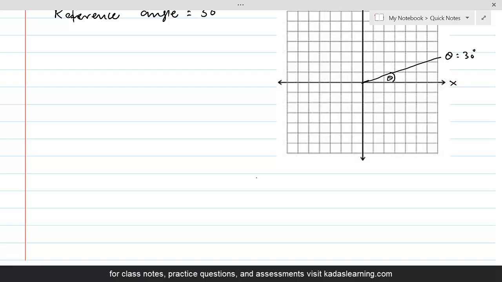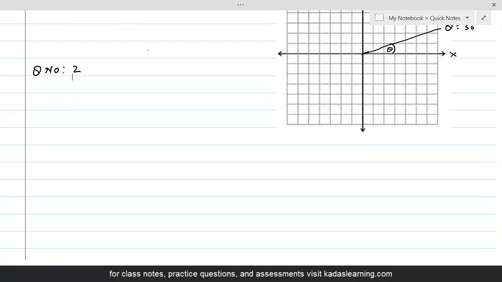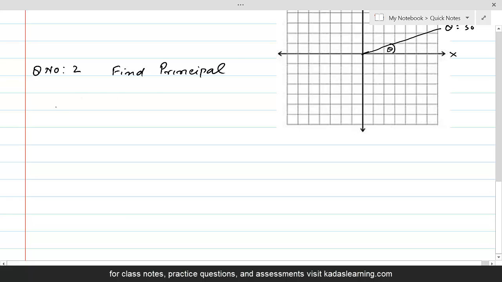Now we are given question number 2. We are given reference angles and we will be required to find the principal angle. Find the principal angle for the reference angles.